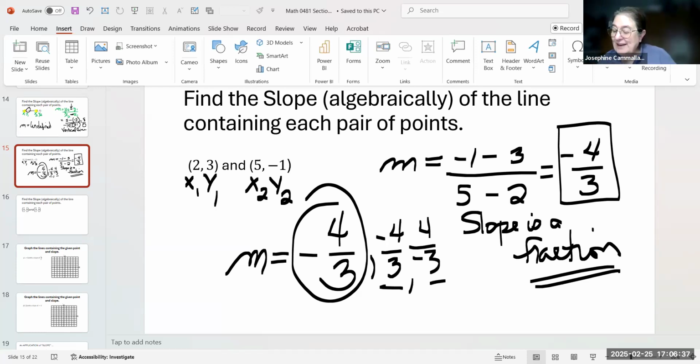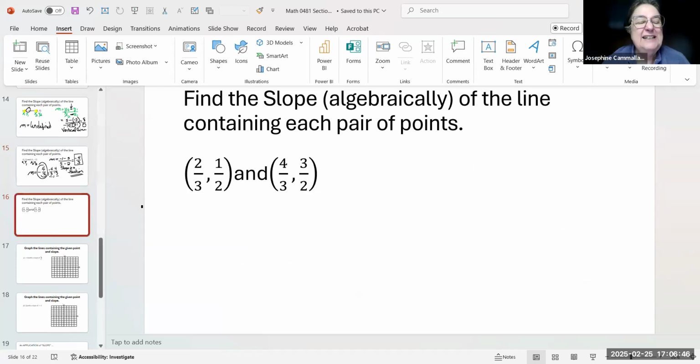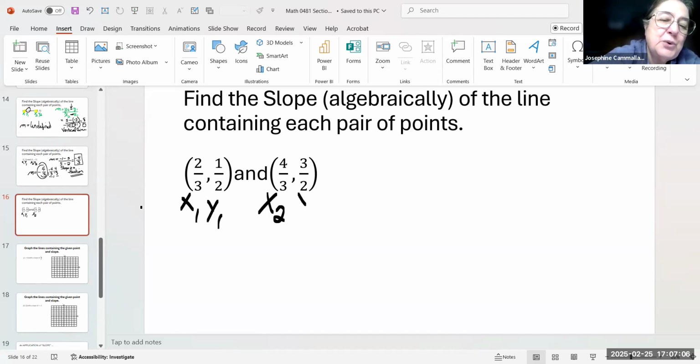Now, the last one I always do, because some of you may not like my lovely numbers, but I think they're really good. Okay. Look at these. They are fractions. Oh, I can tell you're excited. Okay. Now, this is x1, y1, x2, y2.